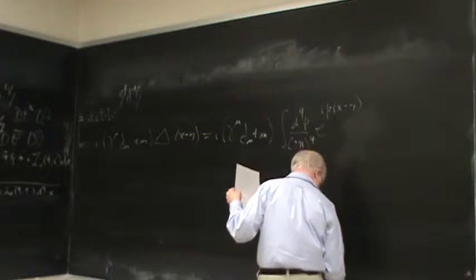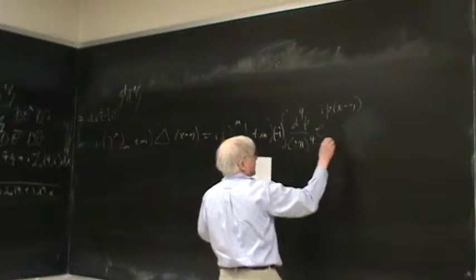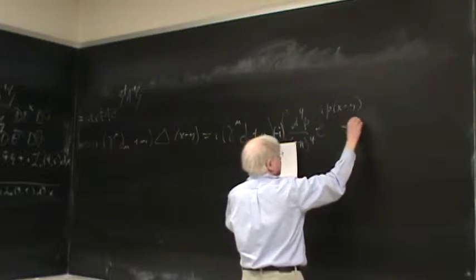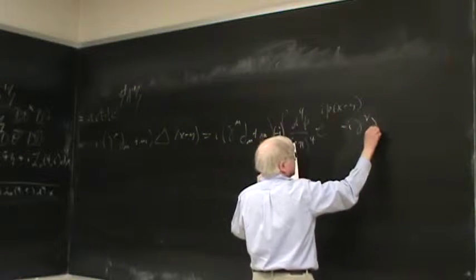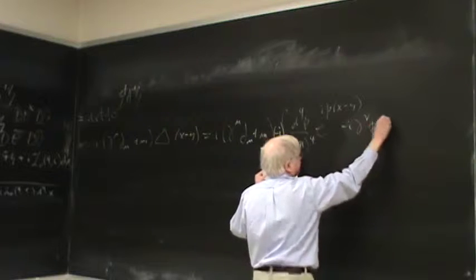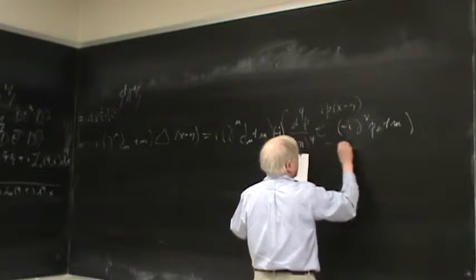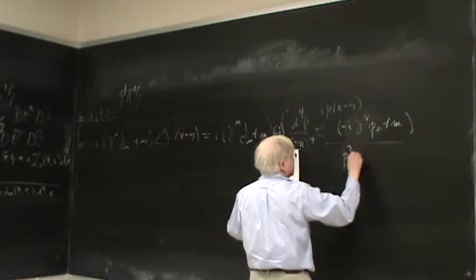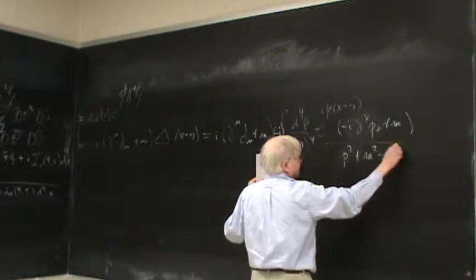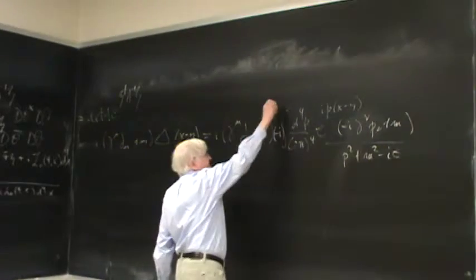I think that would make things a little bit clearer. And then this is minus i gamma nu p nu plus m, divided by p squared plus m squared. Okay, so the delta, big delta, is this thing here.